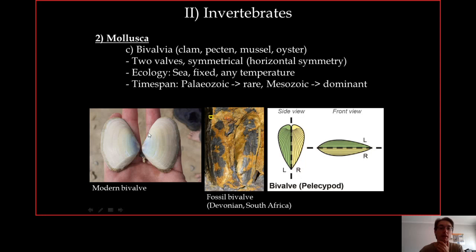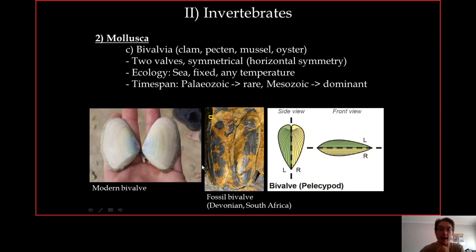That's the big difference. They have two valves, so you can see that's a modern one, and here you can see that's a fossil one from the Devonian of South Africa, from the Cederberg area, and you can see the two valves are symmetrical. That's the big character of bivalves.